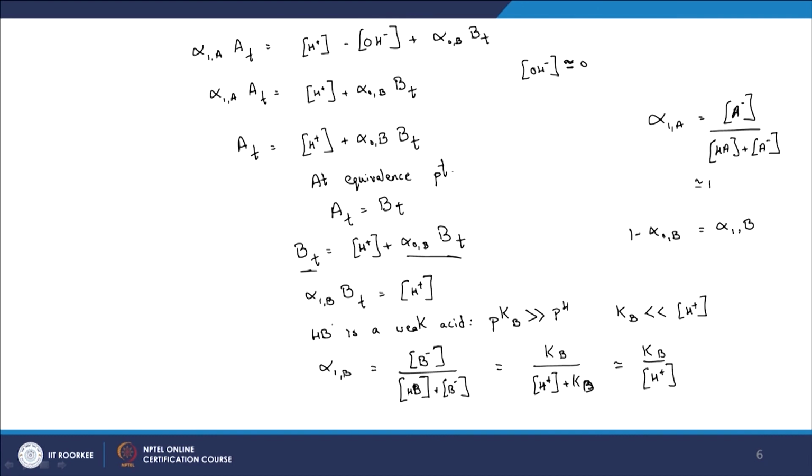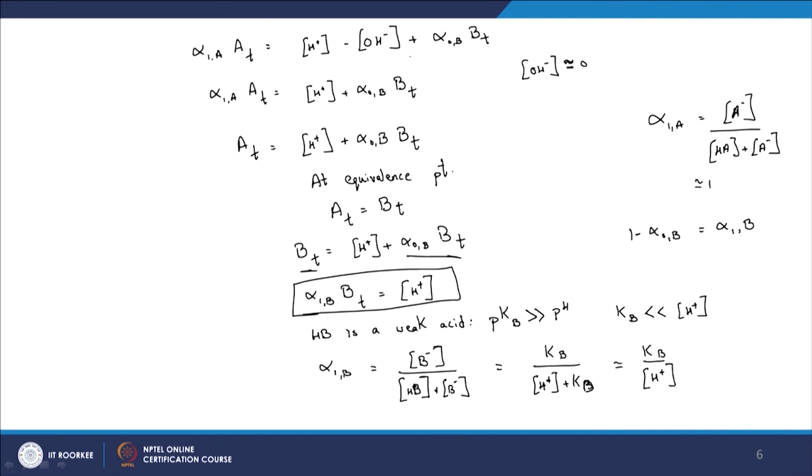So if I substitute this in this particular equation here, let us see what I am going to end up with. So I guess I am going to have to refer to this back and forth. So Kb by concentration of H plus into B total is equal to concentration of H plus, right. So let us look at that again. We have alpha 1 of B is now equal to Kb by H plus, into B total is equal to H plus.